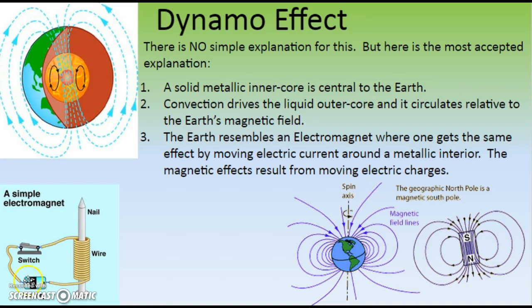If I hook up a battery and a switch and coil, and I wrap these coils around this iron nail and run electric current around it, I can create a magnet. We can demonstrate this in class. This end becomes a magnetic north, and this becomes a magnetic south end. So the Earth has a magnetic field around it because it has charged particles moving around a solid iron core, just like an electromagnet.